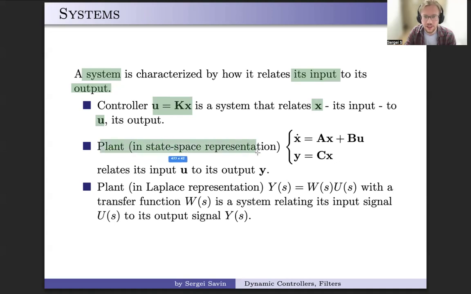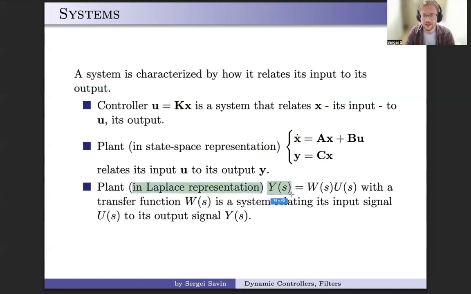A state space plant can be represented as a system that takes U, it's multiplied by B, and it acts in this ordinary differential equation and returns Y, which is proportional to the state. So again, there is the input U, output Y. Same in Laplace representation.